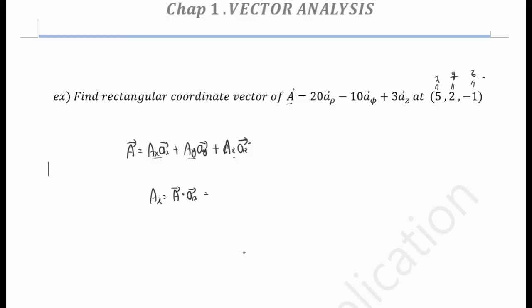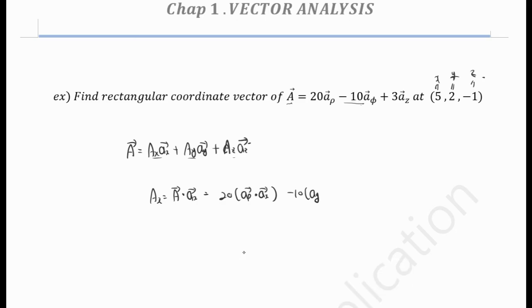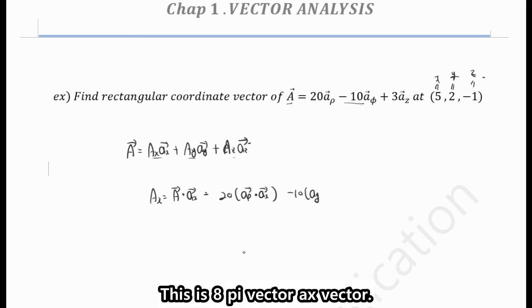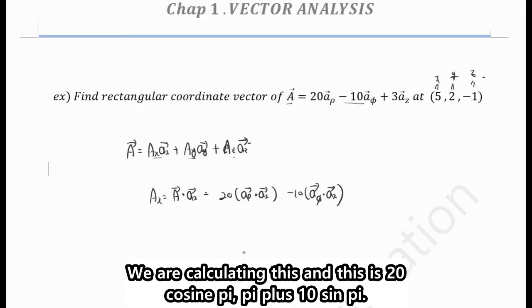This is calculated as 20 a rho dot ax vector minus 10 a phi vector dot ax vector. We are calculating this, and this is 20 cosine phi minus 10 sine phi.